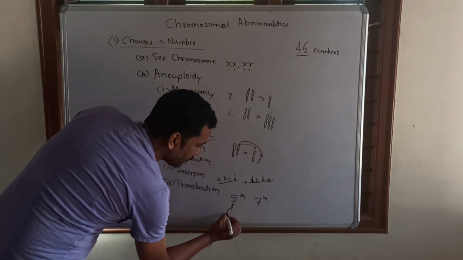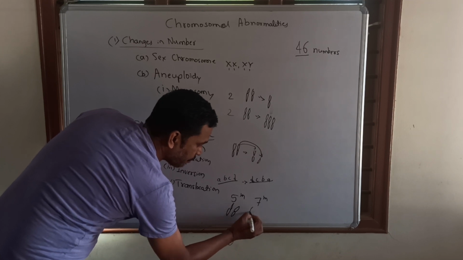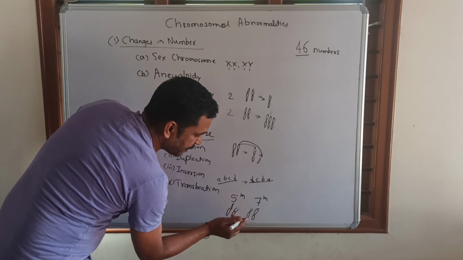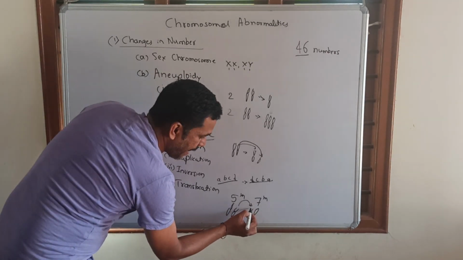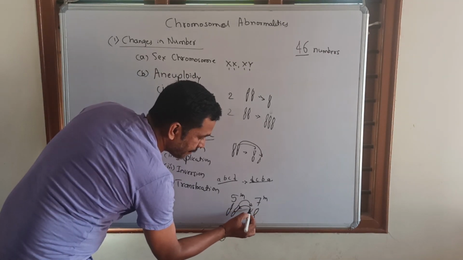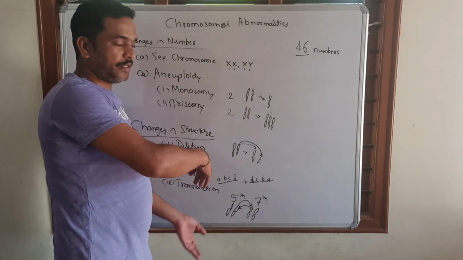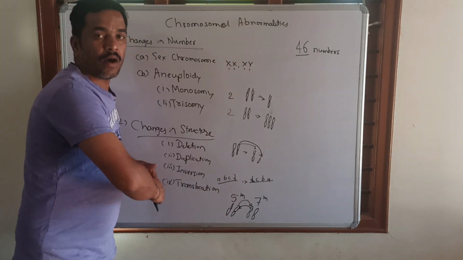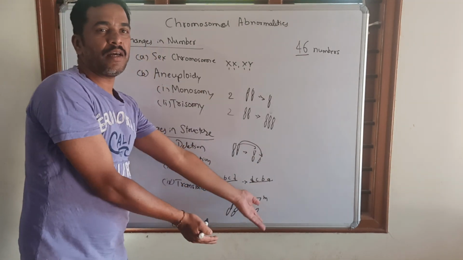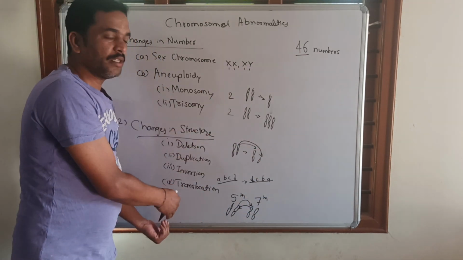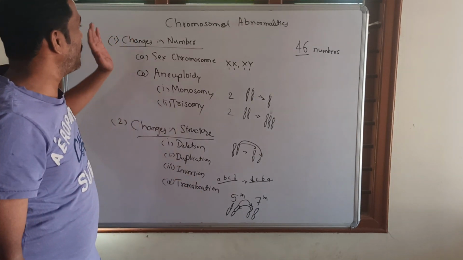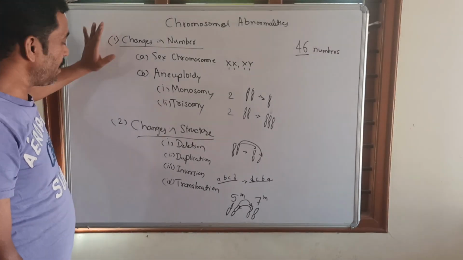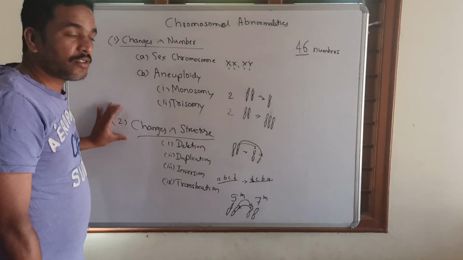If suppose this is the fifth chromosome, and you consider a pair of chromosomes, this portion and this portion will be added here and here. So it is a transfer from one chromosome to the other, and from that chromosome to this one. So translocation. Similarly, in chromosomal abnormalities, you can have changes in number as well as changes in structure.